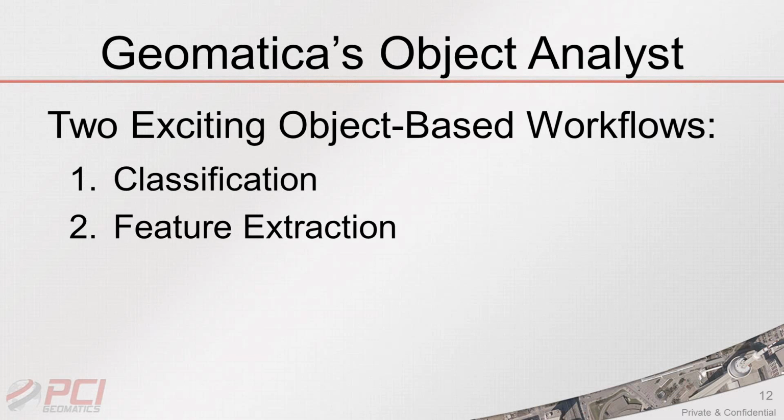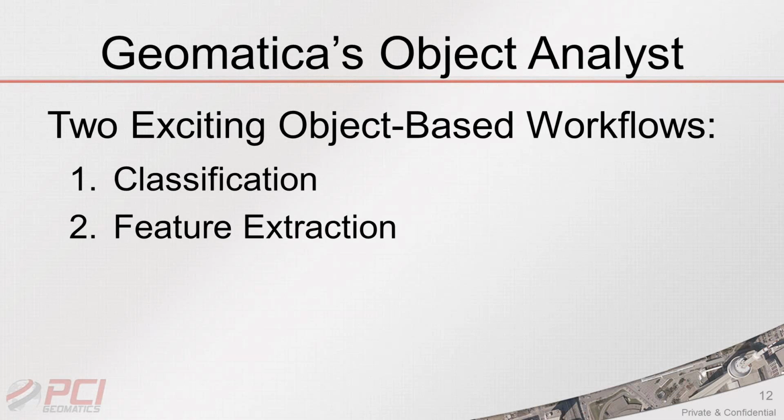Now, just to quickly provide an overview of the two, the main difference between classification and feature extraction is that classification is the process or the operation of providing a number of different classes that you want to then assign to different objects in your image, such as buildings, trees, grass, field, etc. So this is where every single area of your image is then classified within these different fields.